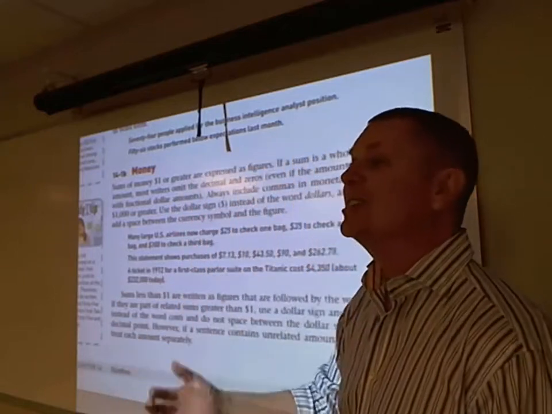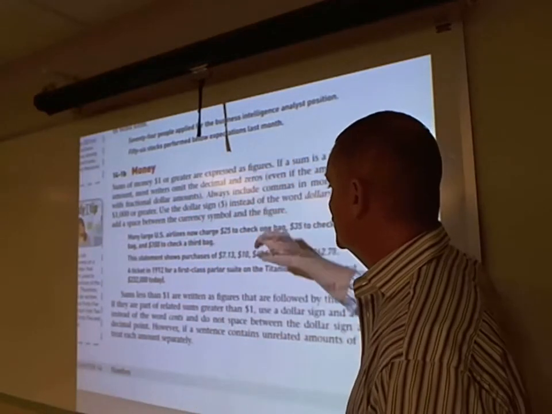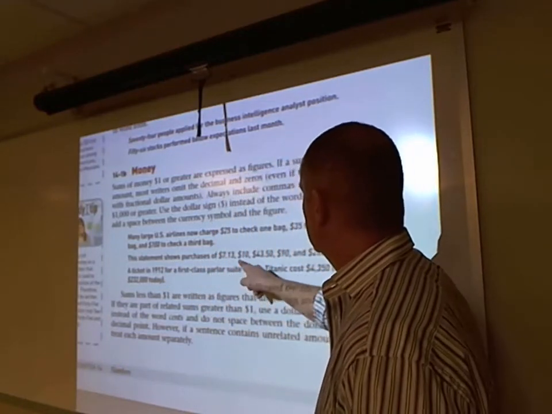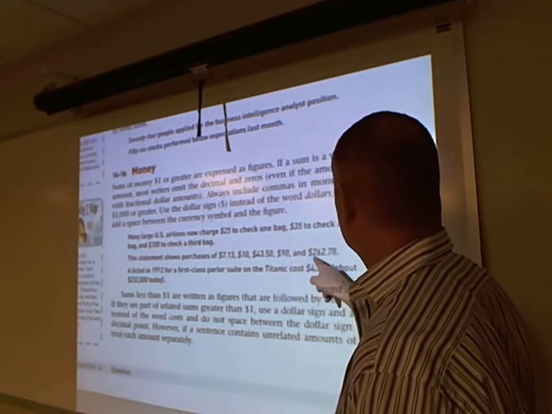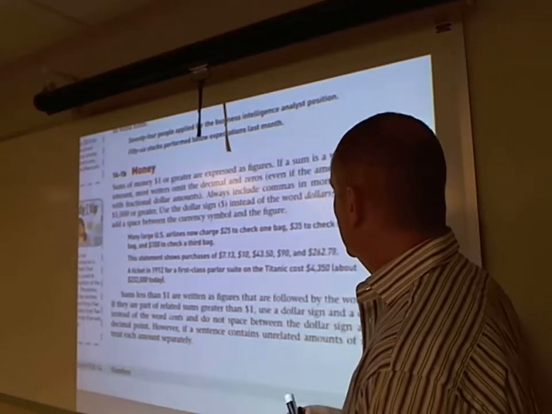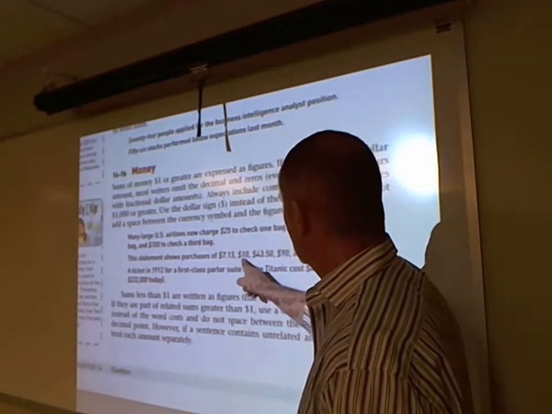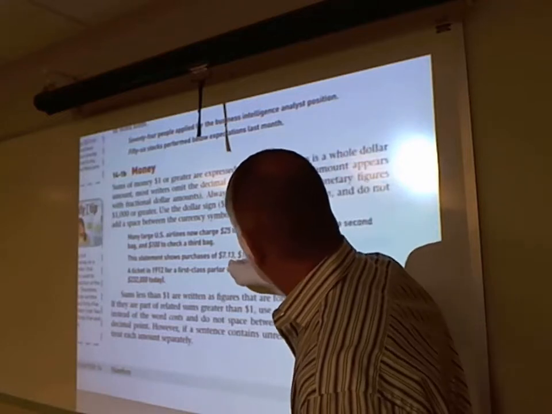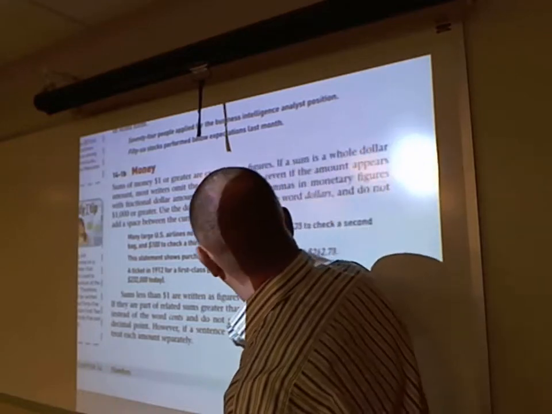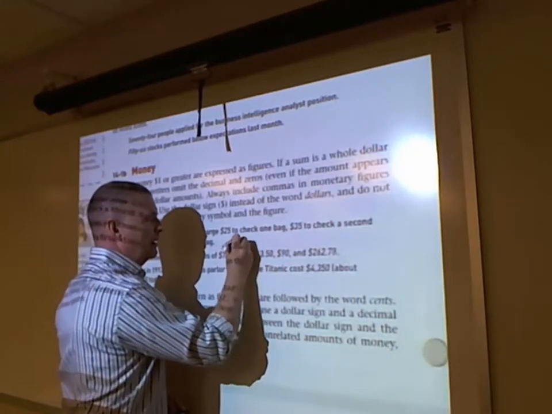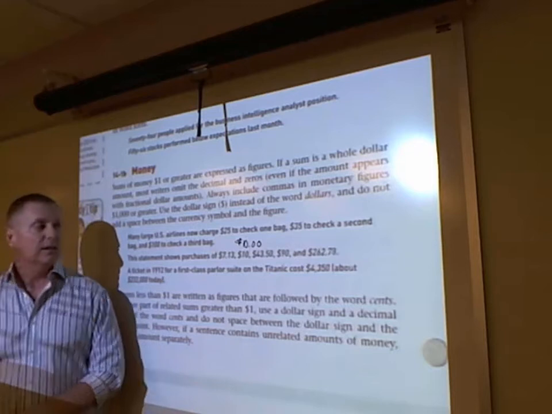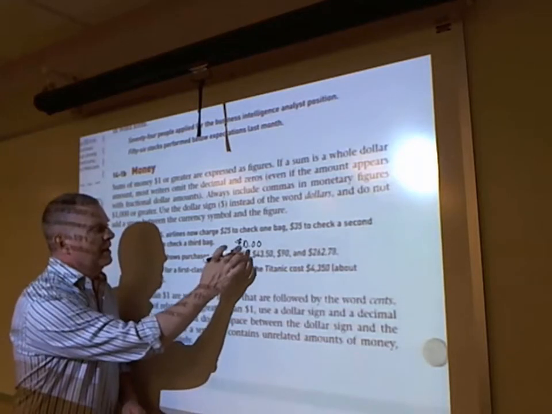But look at this one right here. This statement shows purchases of $7.13, $10, $43.50, $90, and $262.78. The only thing I would do differently here is, since, yes, $10 is written fine in this particular case, but there is a decimal value in the items in the series, I would go ahead and add the decimal point to make it relate to the decimals that are already mentioned: $7.13, $10.00, $43.50, and $90.00.